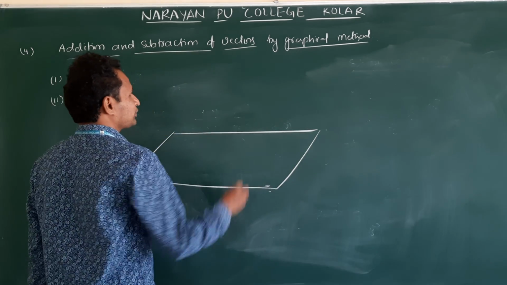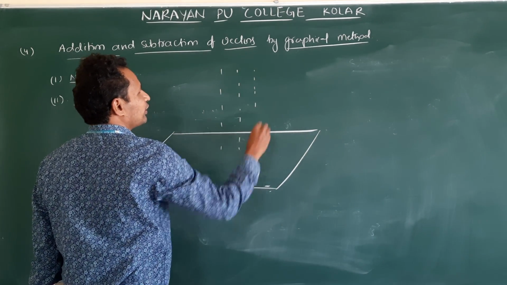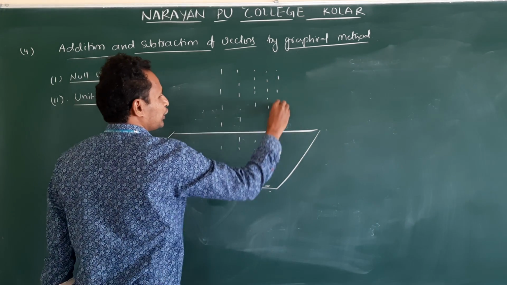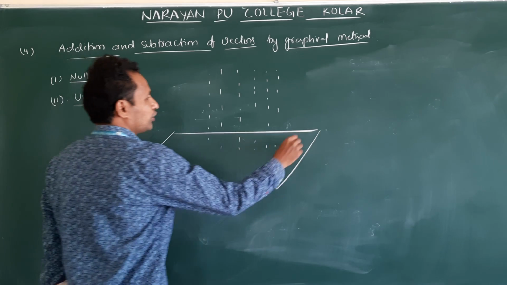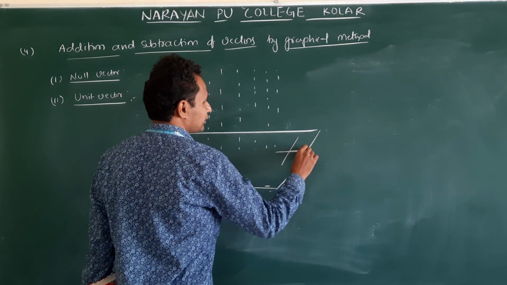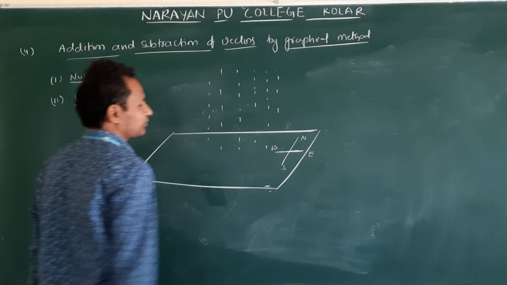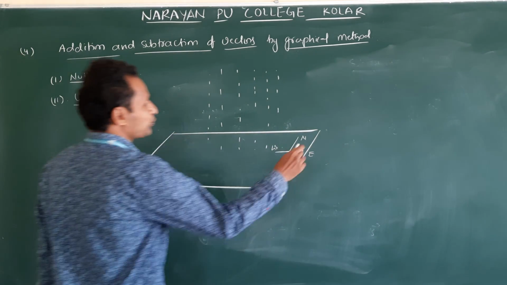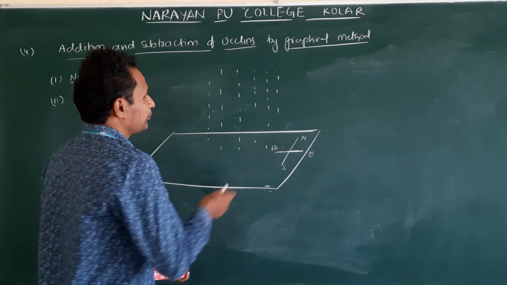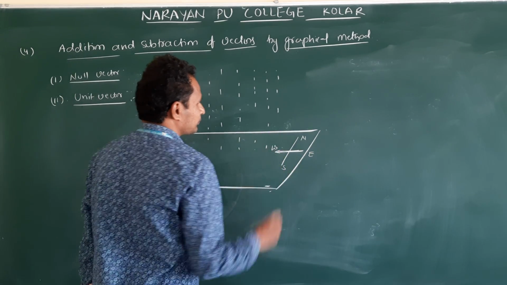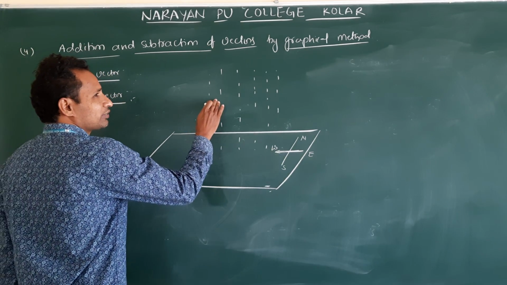This is plain. Generally, how does rain fall? If there is no wind, it falls exactly vertically down. If you take the directions north to south and east to west, and the wind is blowing from east to west, in this direction, then what happens?